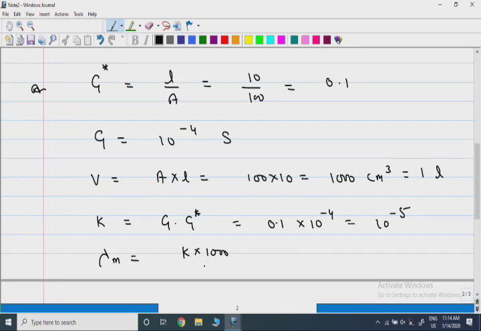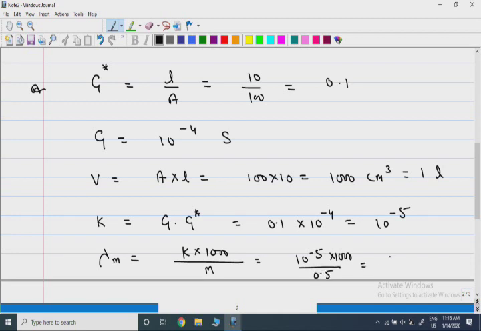upon the volume, area 100, length 10, upon 0.5, which is the number of moles. So this is 10 to the power minus 5 into 1000 upon 0.5.